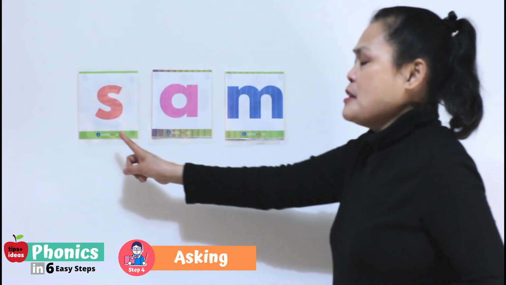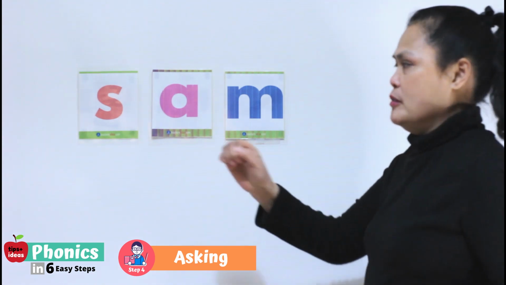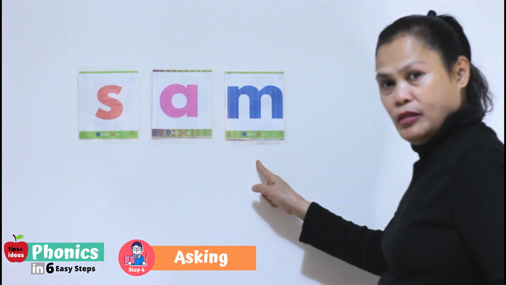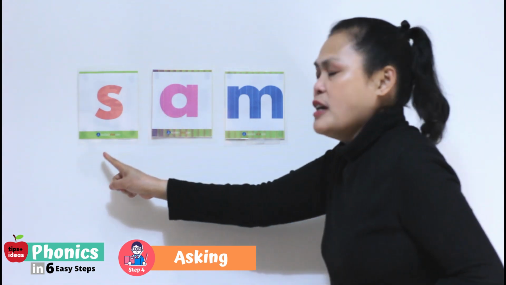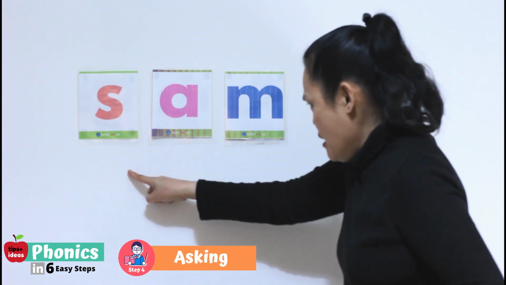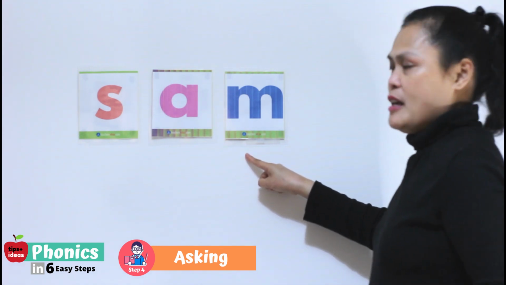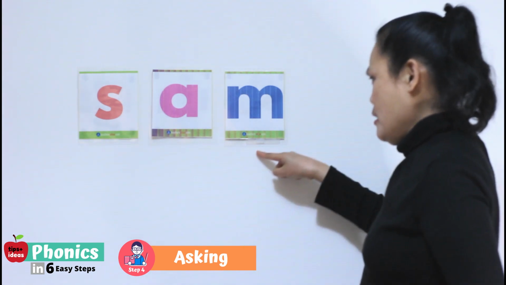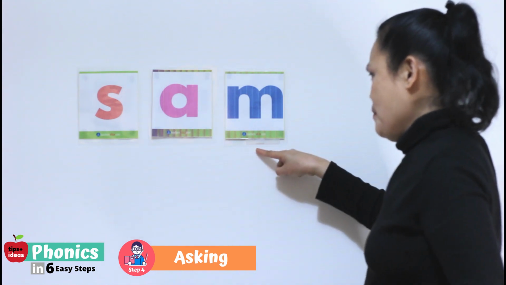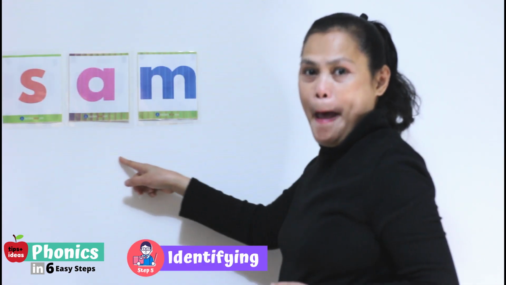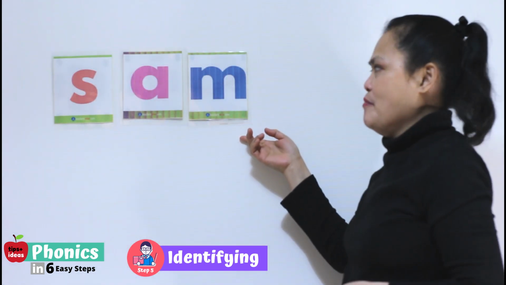All by yourselves. Get ready. What sound? What sound? What sound? Sound out, get ready, begin. Say the word. What word? Is this am? No. Is this Sam? Yes, that's right. It's Sam.